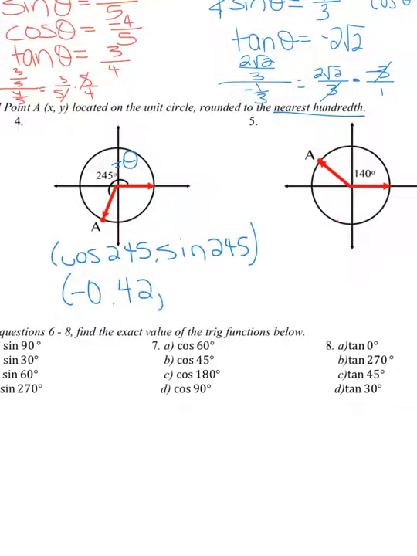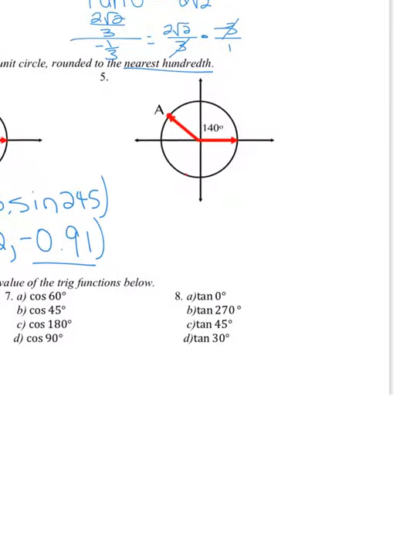And then the sine of 245 is negative 0.91, which makes sense because I know in quadrant 3, cosine and sine are both negative. If this said find point A, x comma y, an exact value, you would have to look to see that these decimals would be on that list of our fancy decimals that we need to memorize.